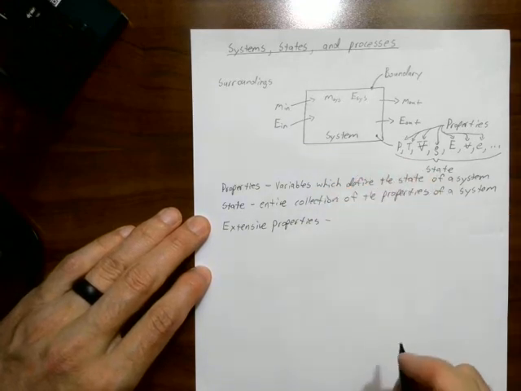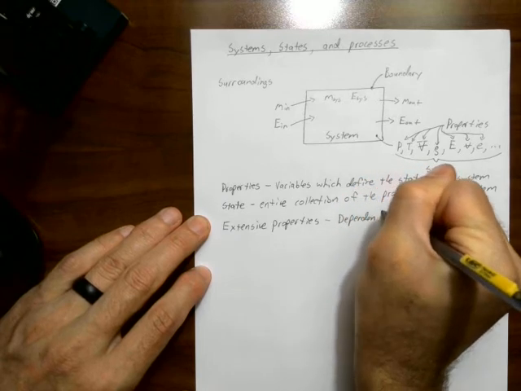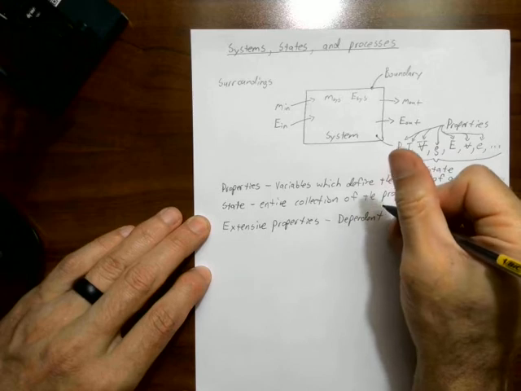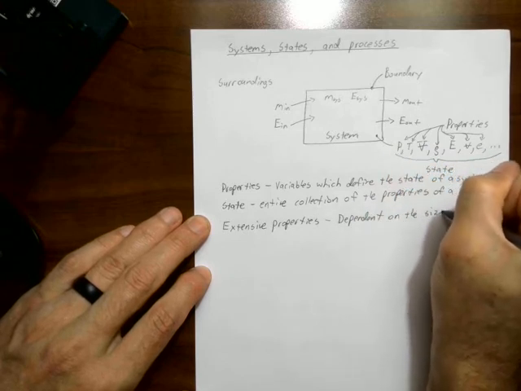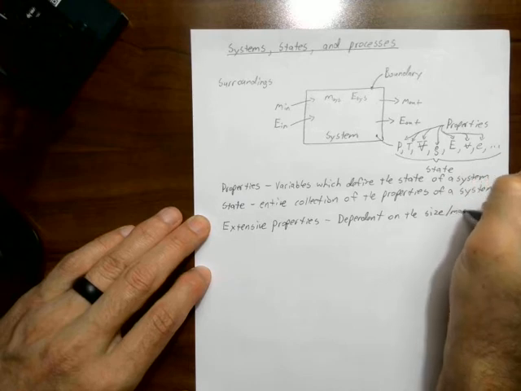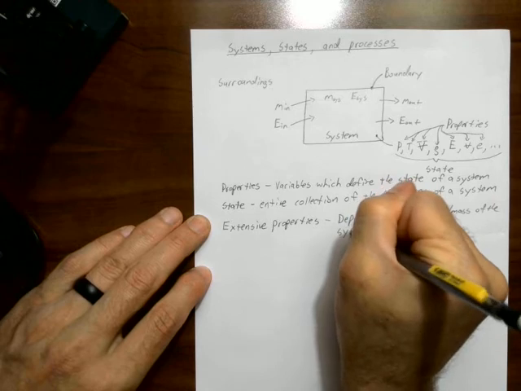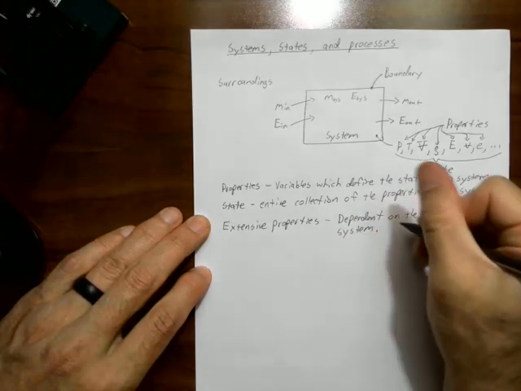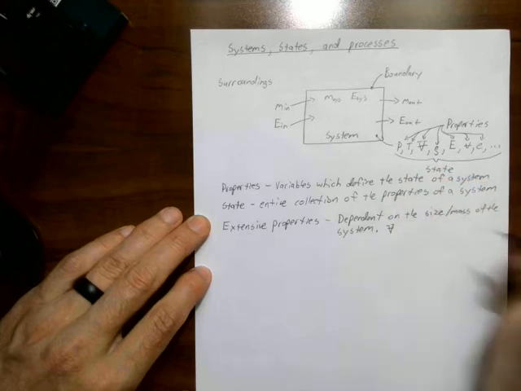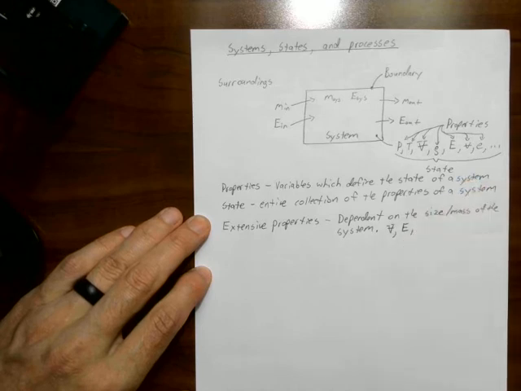These are dependent on the size or the mass of the system. Some examples would be the total volume of the system, the total energy of the system, the total mass of the system.